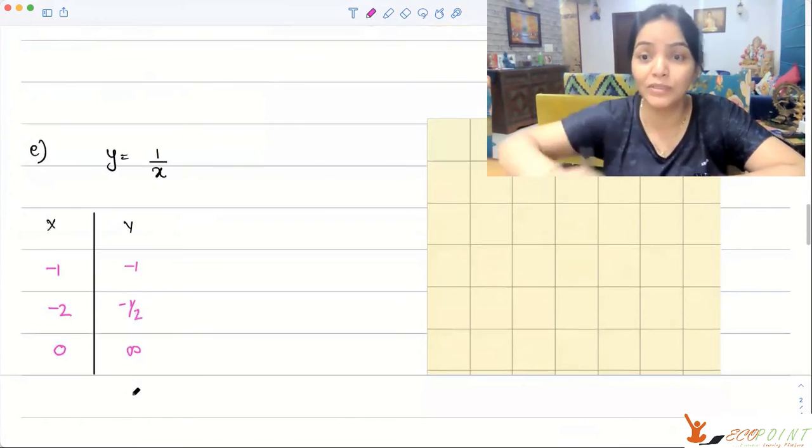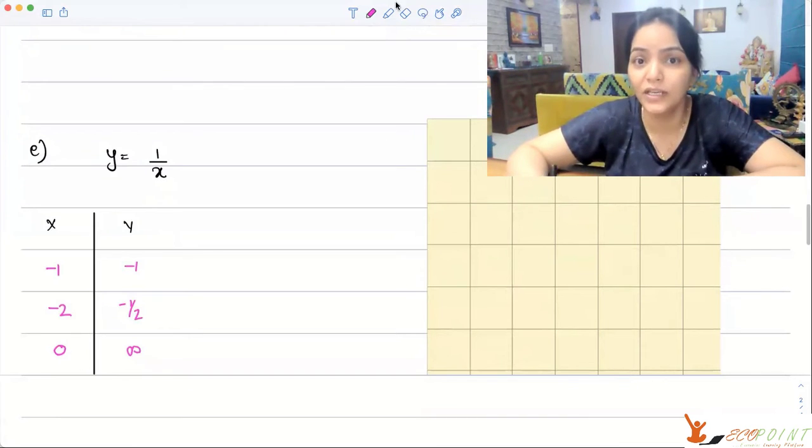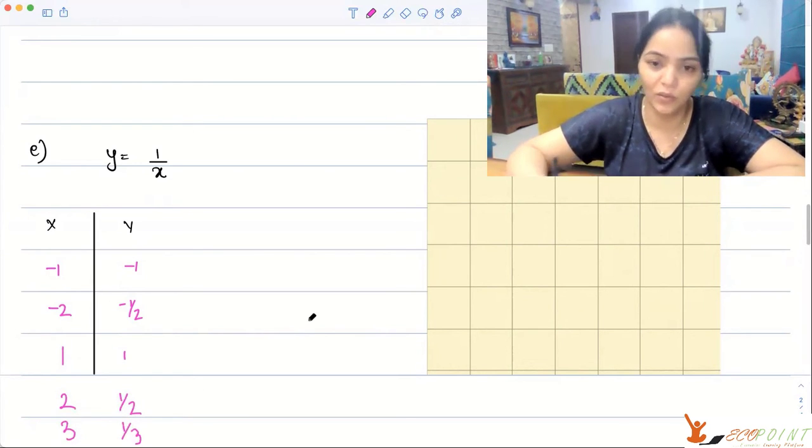So 0 is not a part of the domain actually, so x should not be equal to 0. This is just for our knowledge that yes, it will go to infinity when x is 0. Then at 1, 1, at 2, 1 by 2, at 3, 1 by 3, and so on and so forth.